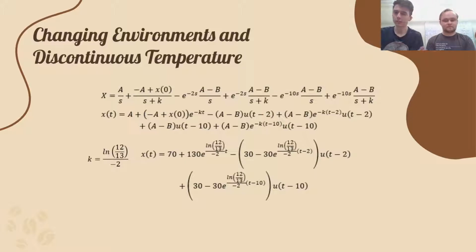Now that's being shifted over. At what time does this new component of our function take effect? And then we can plug in k, and we can plug in a and b. A being again room temperature of 70, b being 40, so that's where we get 70 minus 40 is 30, and we get our equation.